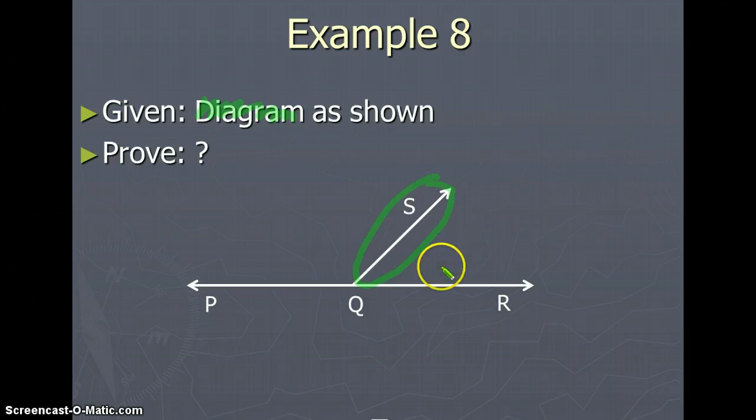What's happening is this ray QS is going to divide angle PQR into two pieces, not necessarily equal, and based on appearances I definitely don't think they're equal, but it divides it into two smaller pieces. If I take the two smaller pieces, we'll just call them 1 and 2, and put them together, then they're going to give me 180 degrees or a straight angle.